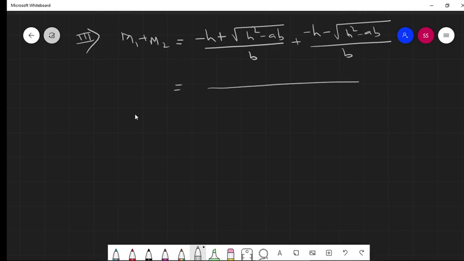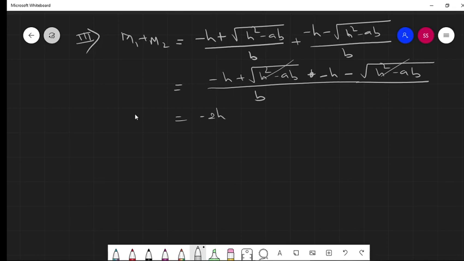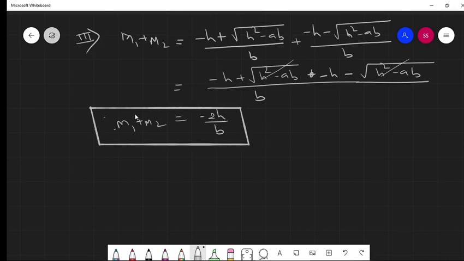While taking b common, minus h plus root h square minus ab, minus h minus root h square minus ab. Then this can be cancelled, minus 2h by b, and therefore m1 plus m2 is minus 2h by b.